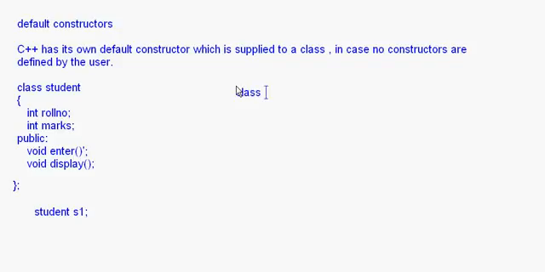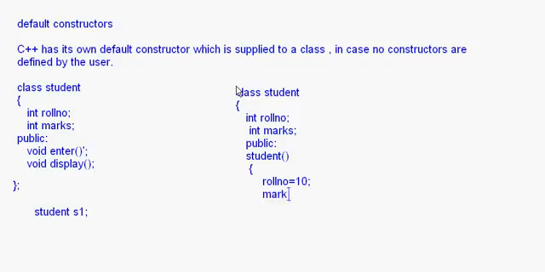But if you write your own constructor, that is supposing I write int roll number, int marks, and then in the public section I write student. Now this is a constructor which I have defined, fine, and here we write roll number is equal to 10 and marks is equal to 89, something like this, right?